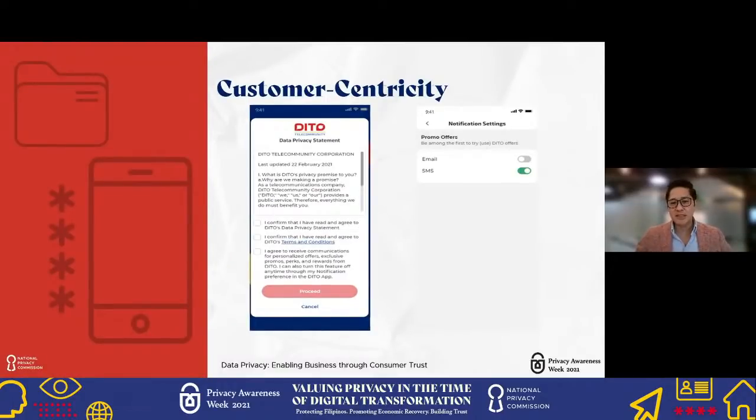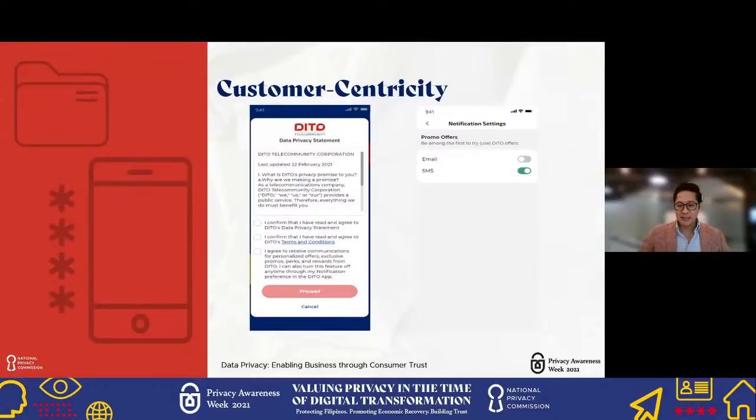And yes, customer centricity. Again, we endeavored. I know DITO is still quite a new telco, and perhaps not many of you have gotten to try our service. But we use a DITO app, and we've really simplified how we provide, for example, the data privacy statement.